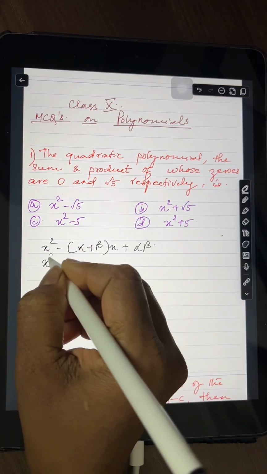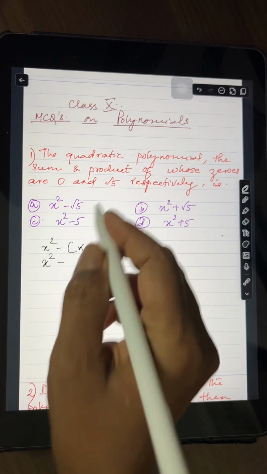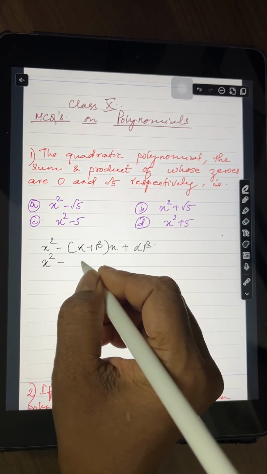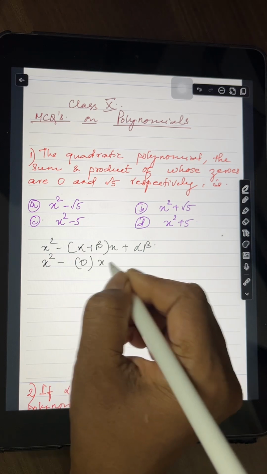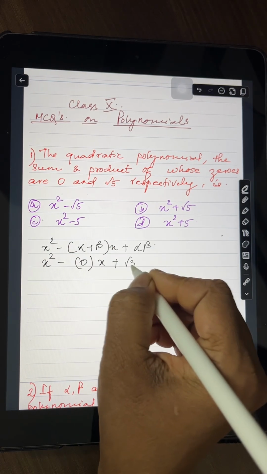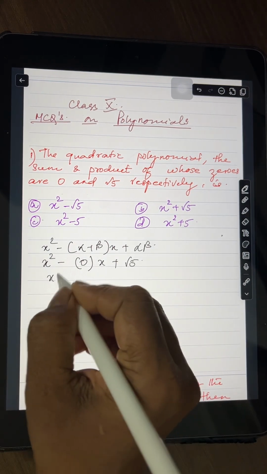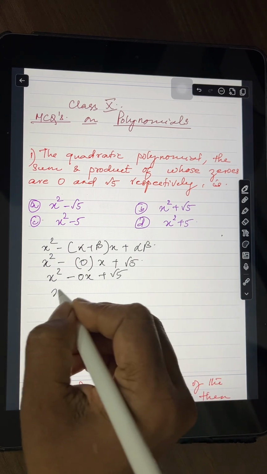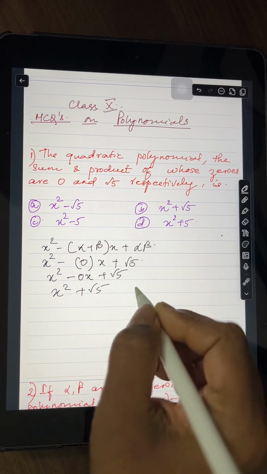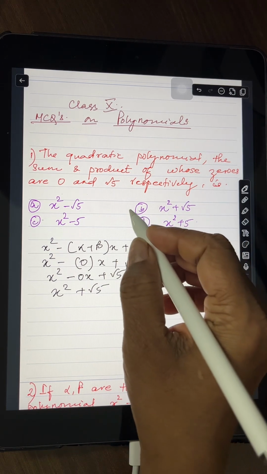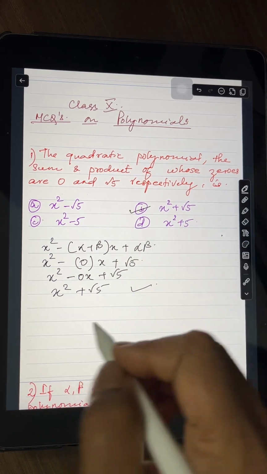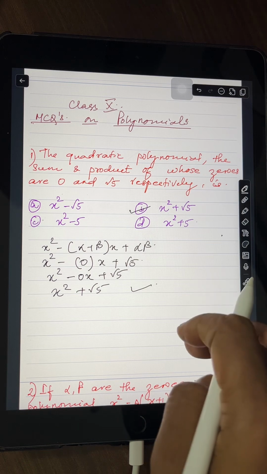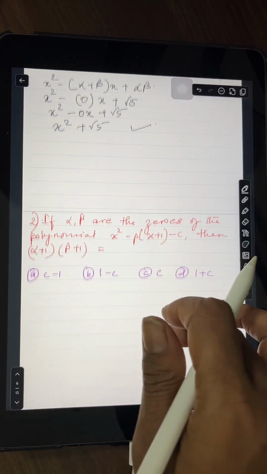So x square minus sum, which is 0, x plus product, which is root 5. So x square minus 0x plus root 5 will give you x square plus root 5. So which is the answer? X square plus root 5 is the answer. Okay. Now the next one.